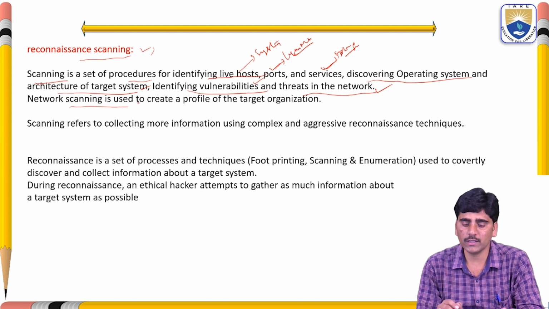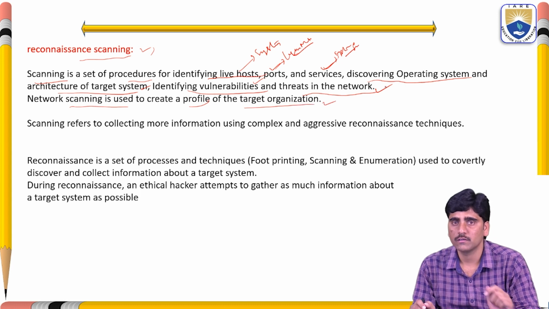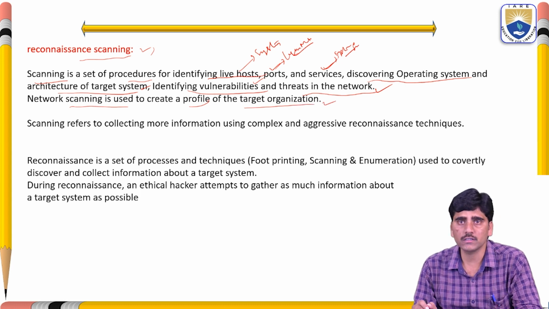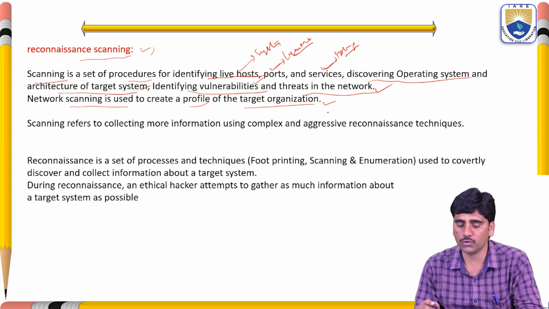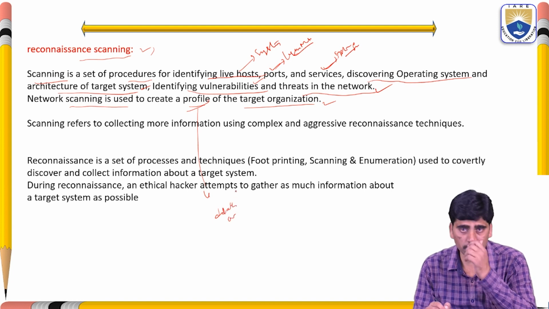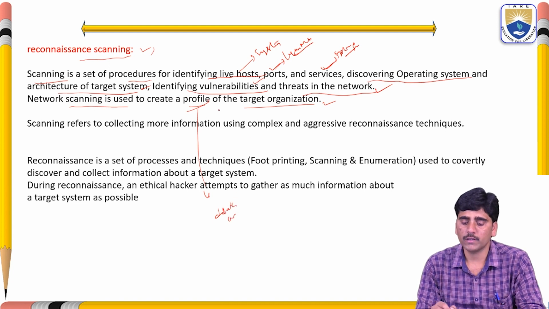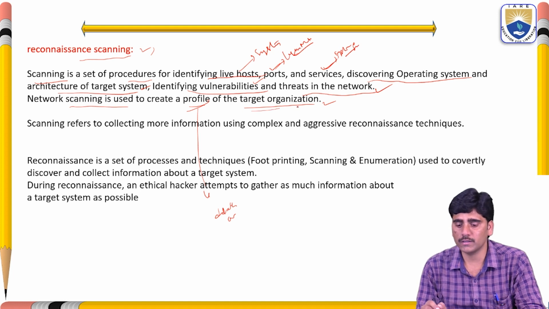Network scanning is used to create a profile of the target organization. A profile is nothing but the details of a person or the details of an organization. The same thing here: creating a profile of the target organization. Suppose I take www.flipkart.com.